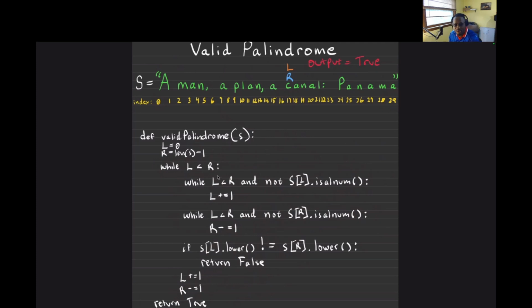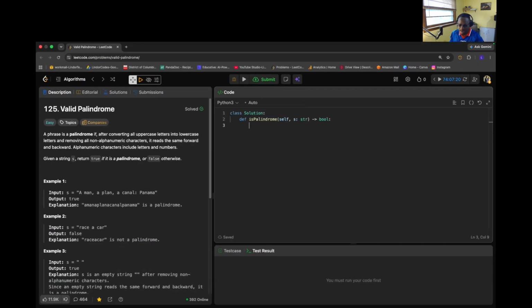Let's go ahead and code up this solution. All right, so let's define our pointers. So left is equal to 0, right is equal to the len of S minus 1. So right can start at the very last index of the given string, right? So our main condition is while left is less than right, okay?